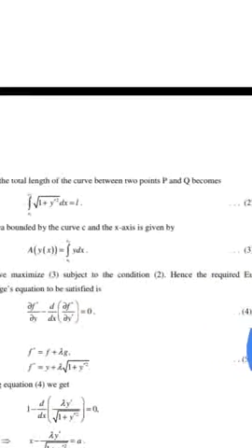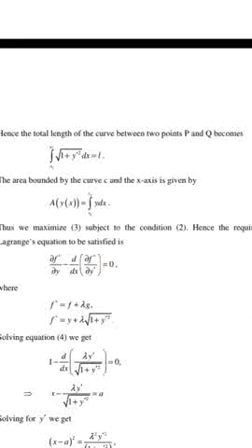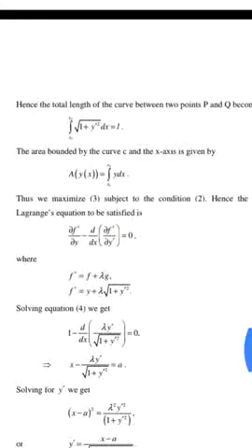Hence, the total length of the curve between two points P and Q becomes the integral from x1 to x2 of square root of 1 plus y dash square dx equal to L. The area bounded by the curve C and the x-axis is given by A of y of x equal to the integral from x1 to x2 of y dx.